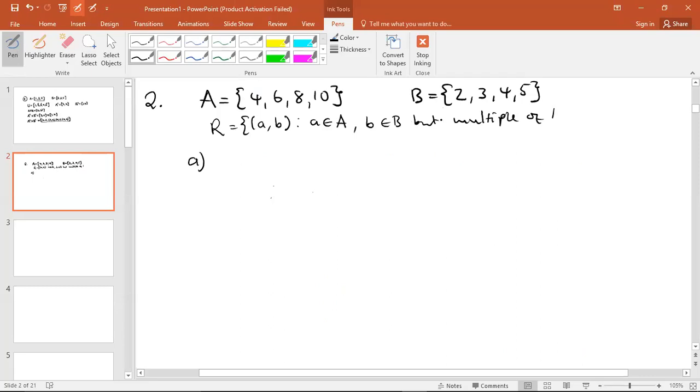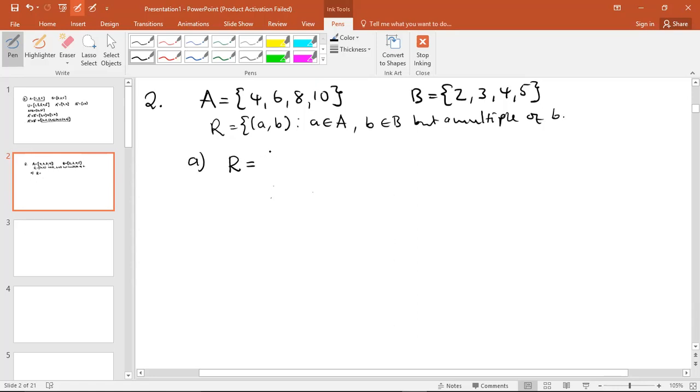One thing that we just have to realize is that a should be a multiple of b. So we are going to come up with R.